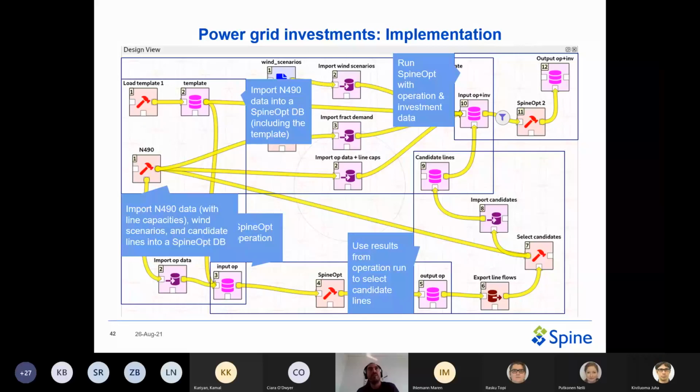We have 3 scenarios of wind, and we have some tools and importers here to bring that wind scenario data as time series into the Spine database. And then the last thing is just to run SpineOpt on this database that has been set up to make SpineOpt compute investment decisions.